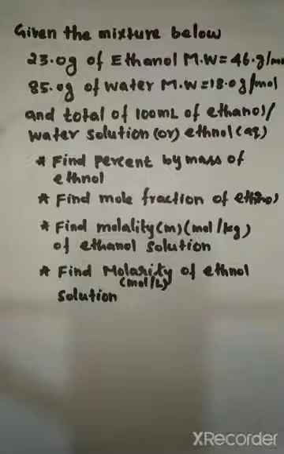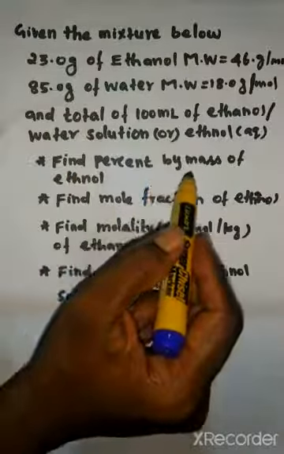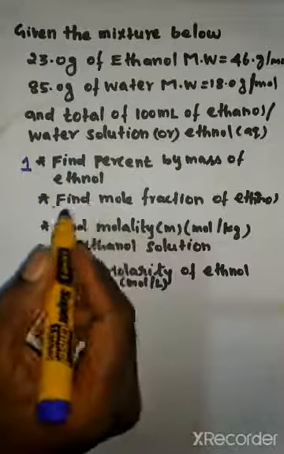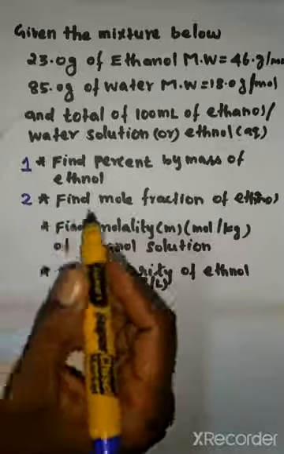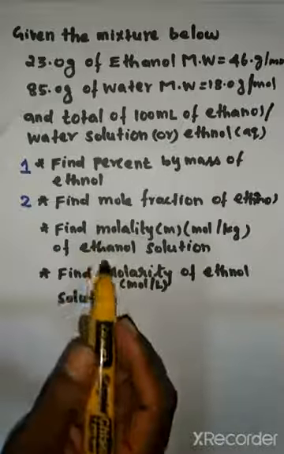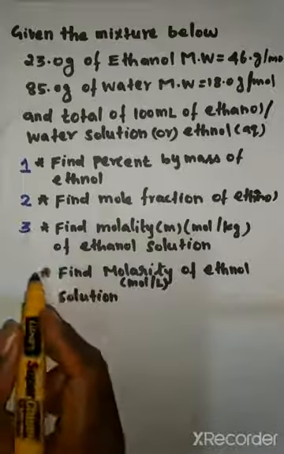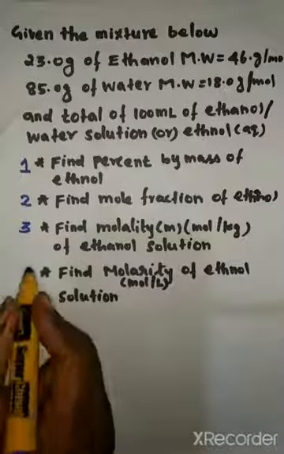So this is the data given in this problem, and the questions asked are: one, find the percentage by mass of ethanol; two, find mole fraction of ethanol; three, find molality of ethanol solution; and four, find molarity of ethanol solution.